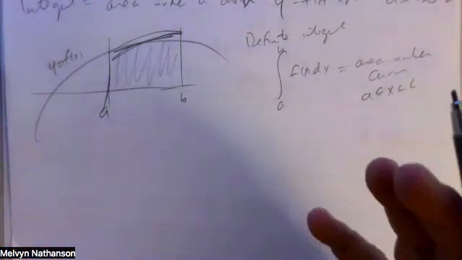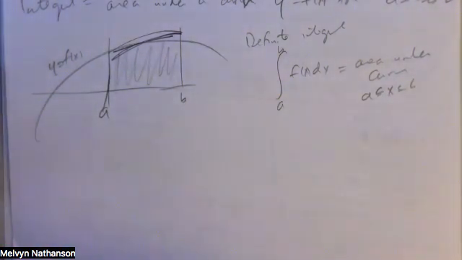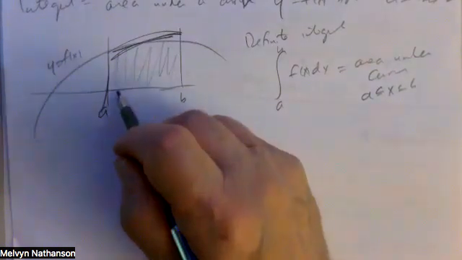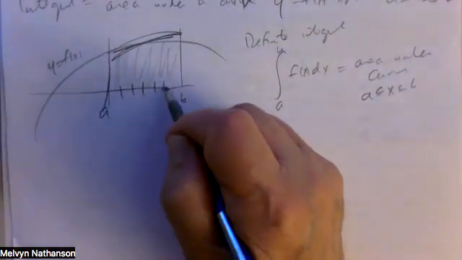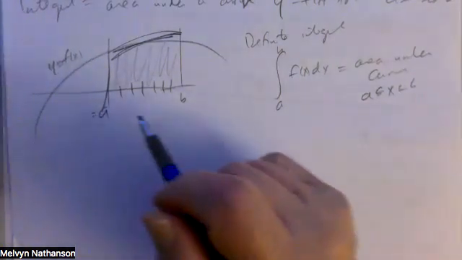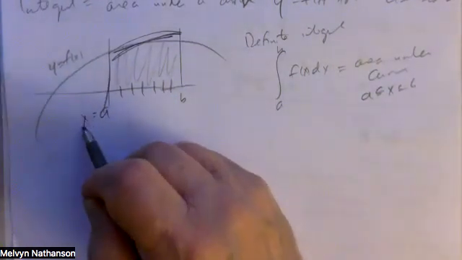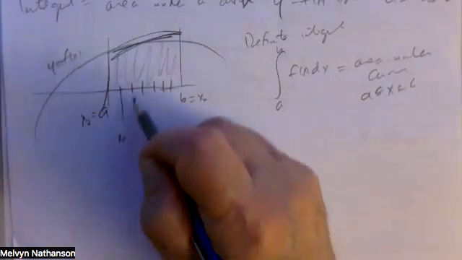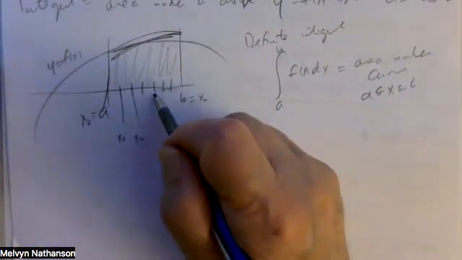But how do you actually find a number? One method is to take your interval from a to b and divide it up into subintervals. Suppose we call this x0, this is x1, this is x2, and so forth.